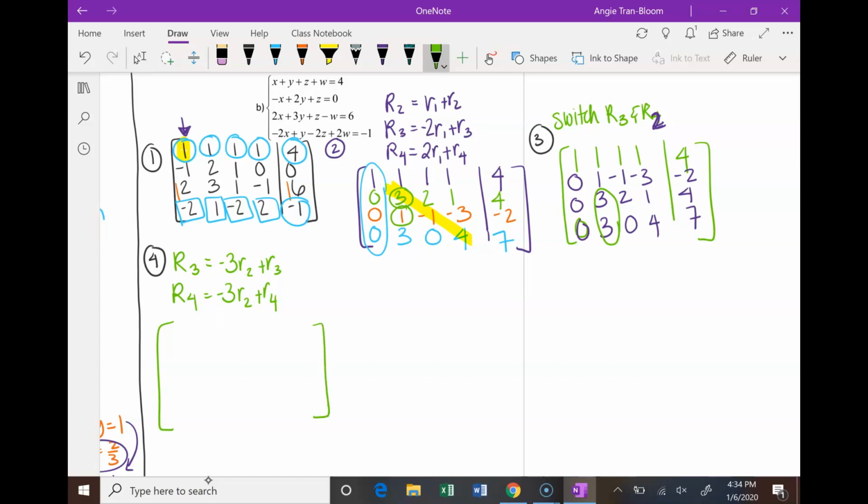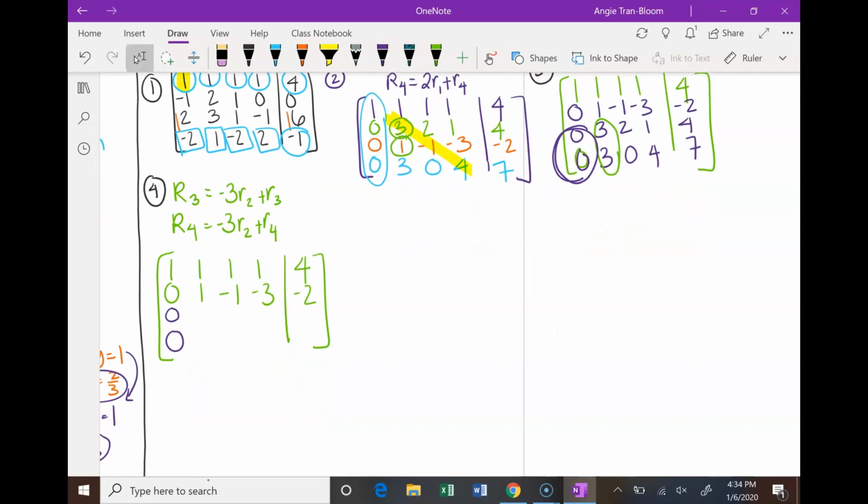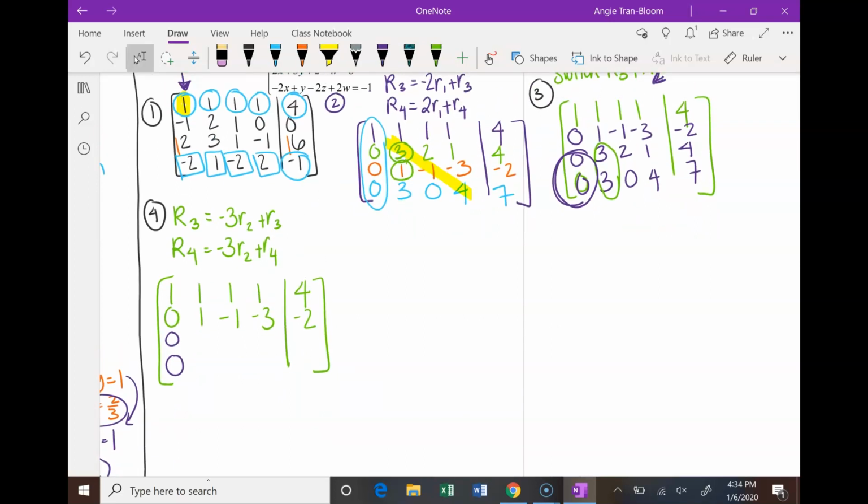I'm not changing row 1 and row 2, so I'm just going to copy those over. Equals 4, 0, 1, -1, -3, and -2. Okay, so here we go. If these were zeros before, they will most likely be zeros unless you made an error. Once you do the computation, this is going to be 0 here and 0 here.